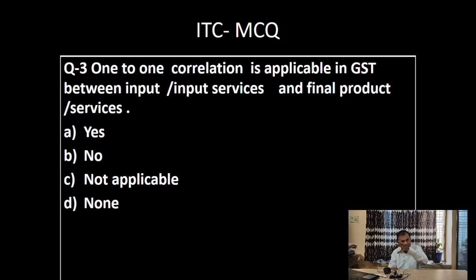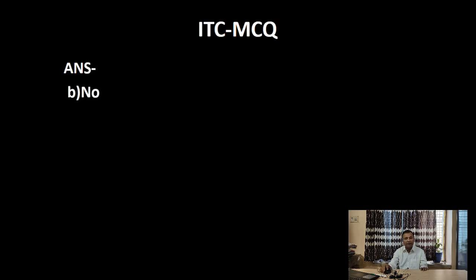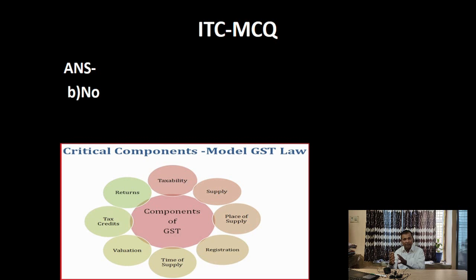Even if you have different sources of business and assets used for business, one source of ITC can be adjusted with another source of ITC. So friends, the answer here is no. One-to-one relationship is not necessary. It can be adjusted one with the other. Let us go to the next question, question number 4.